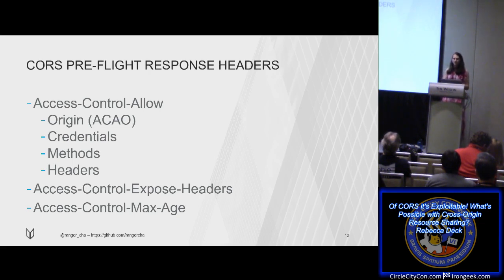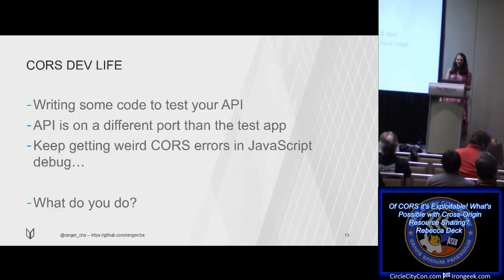But access control expose headers says, that other website is allowed to read these specific headers when I send them back. So when you start looking at authentication tokens coming back in HTTP headers, that really becomes key to what's going on. Access control max age has to do with caching, and I don't really care about it most of the time.